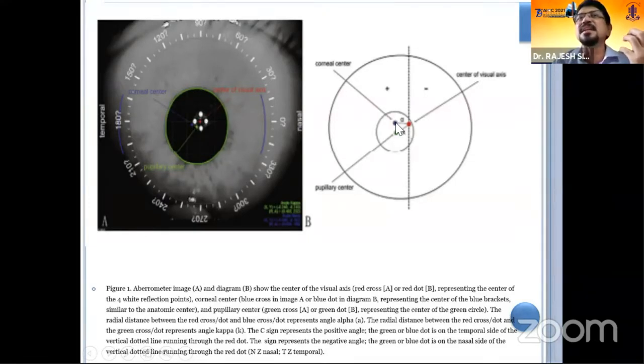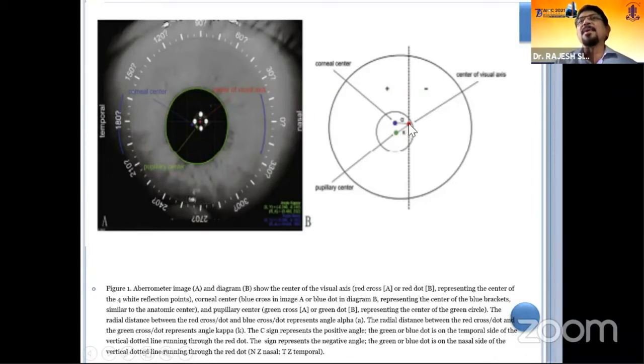So this is the center of the IOL, and this is the pupillary center. As it is measured in millimeters, the distance between the center of the visual axis and the corneal center is angle alpha, and the distance between the center of the visual axis and the pupillary center is angle kappa.